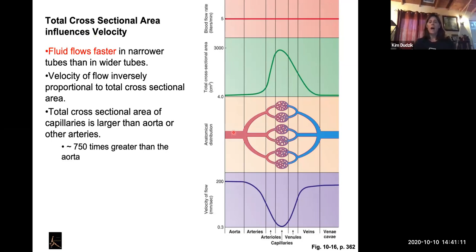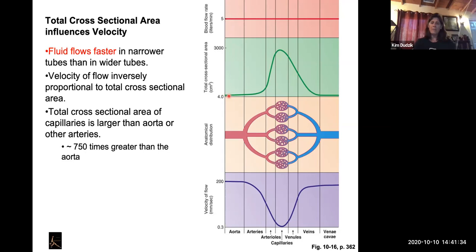Again, how wide the vessel, we can sum those up with the other vessels, and that affects the speed of the blood flow. Okay, so we have one aorta, that has a particular diameter. Here's the total cross-sectional area in centimeters square.